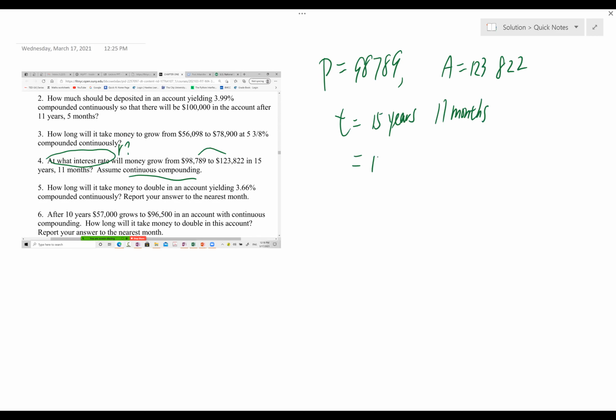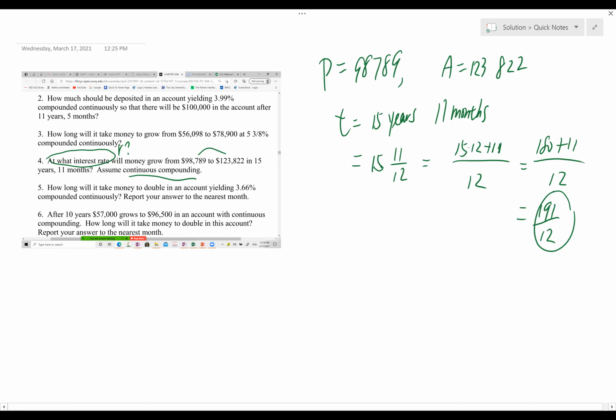So this is 15 and 11 over 12. Again, we turn it into an improper fraction. 15 times 12 adding 11, divided by 12. 15 times 12 is 180, adding 11 is 191 over 12. This is very important: you have to do the conversion before we get started.